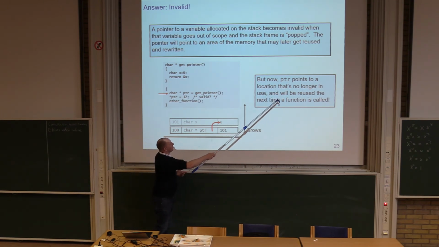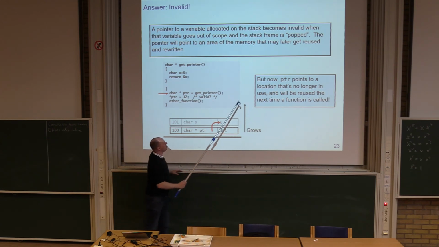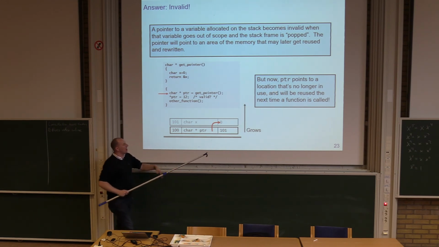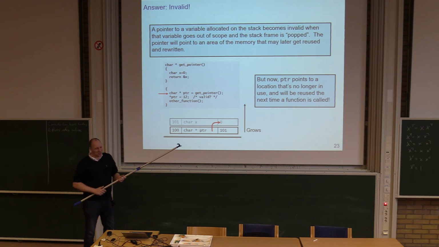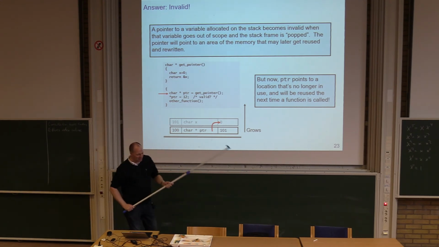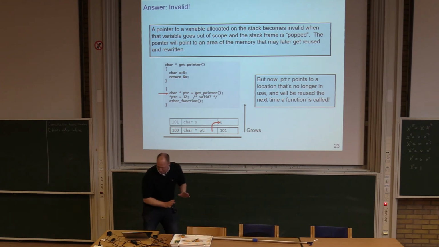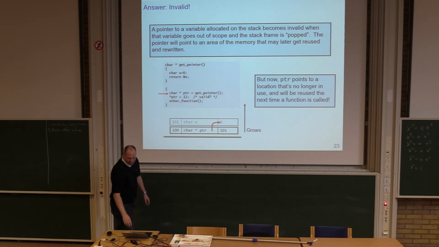So pointer now points to, or PTR points to, a location that is no longer in use and might be reused next time for another function call. If you write programs like this, you can very easily start to have bugs.